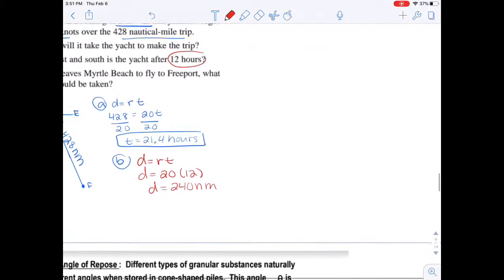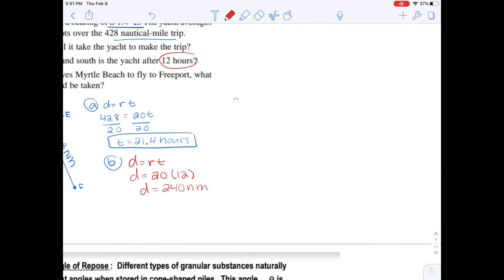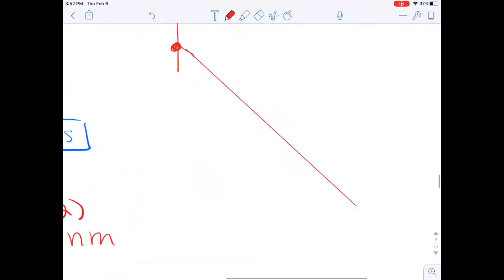So if I was to draw this picture again, so I'm leaving from Myrtle Beach, and we still have that angle of 1.4 degrees east of south. So that is 1.4 degrees.